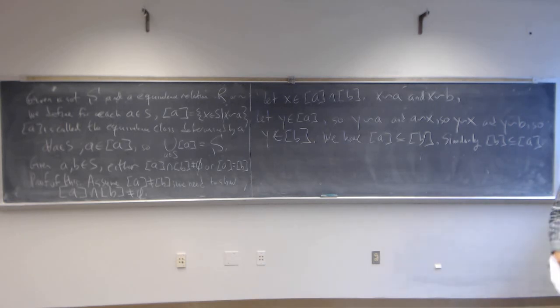Also, in the notes, I actually gave a detailed proof for congruence mod m. I worked out a separate proof of that, did the specific case first, so you can read through that. But this covers that.